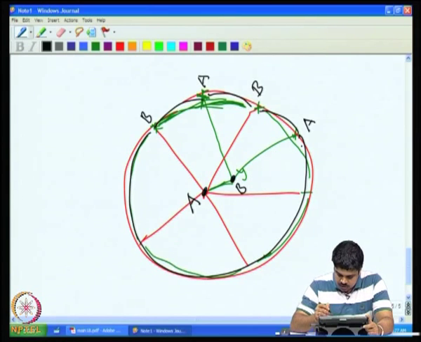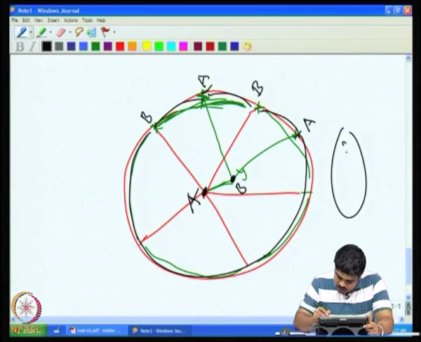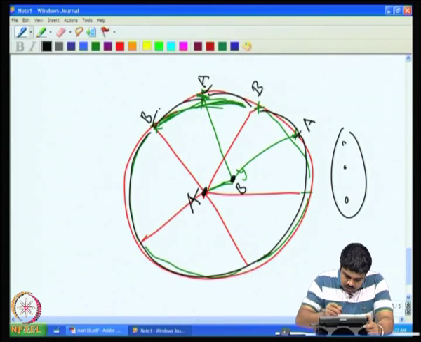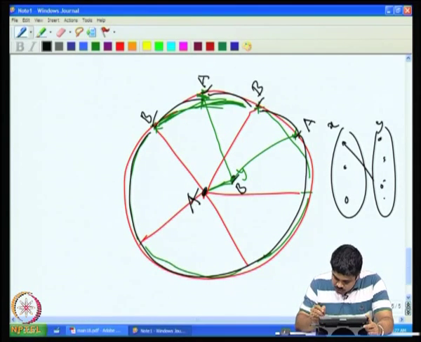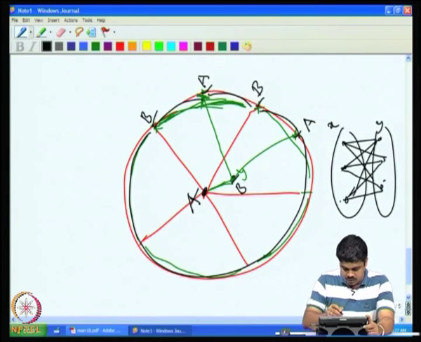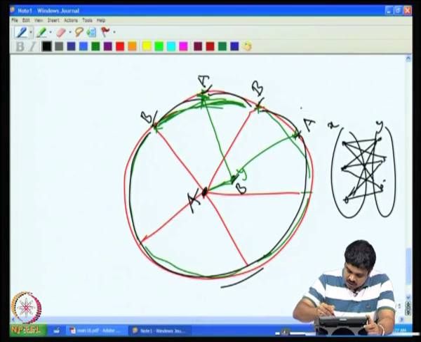So, this will make three vertices, and then this and this will be the other three vertices. This will be x, this will be y, and these are the two neighbors of x and these are the two neighbors of y. We have this connection, right, and we have this also here, because that is what the circle provides.